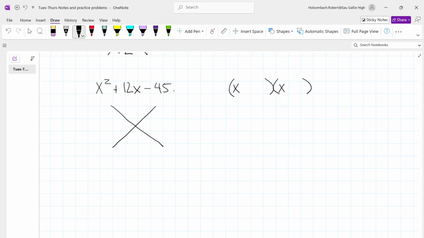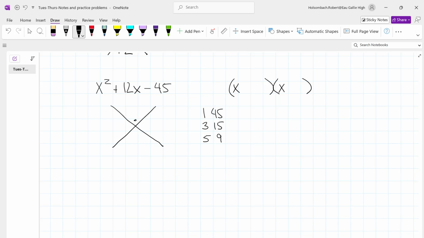Our factors of 45 are 1 and 45. 2 doesn't go into 45, but 3 goes 15 times. 5 goes 9 times. And then 6, 7, or 8 don't go into 45 evenly, so those are all of our factors.